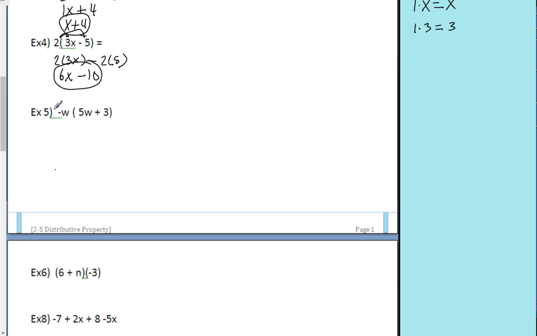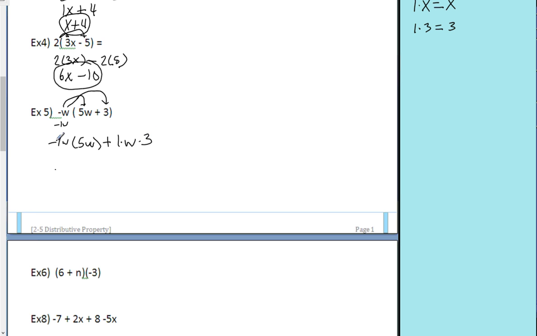All right, here's a harder one. I'm going to multiply this times this and then times that, right? I'm going to multiply it by that and by that. Now, what I would do if I were you, I'd put a 1 there. So think of this as negative 1 times w. So I'm going to have negative 1 times w times 5w plus negative 1 times w times 3.